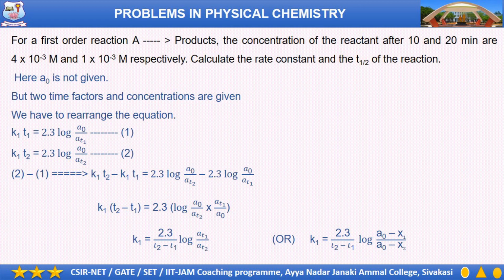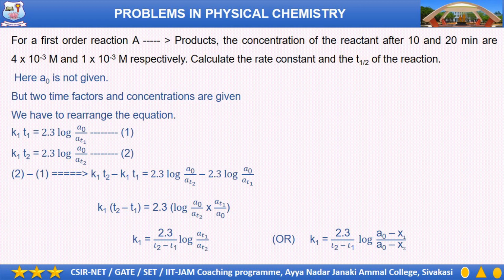But in this problem, 2 time factors and the concentrations are given, but not the initial concentration. Therefore, you have to rearrange the equation, and this equation you have already seen in your physical chemistry problems, in the ester hydrolysis problem, I think. What is that formula?